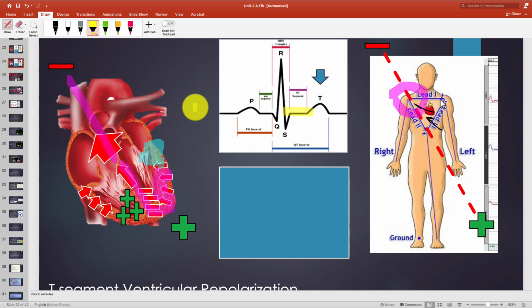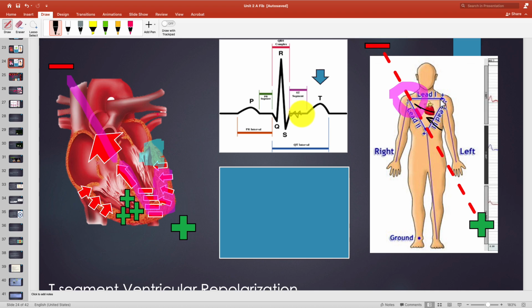It's not uniform. So I told you when we're at this ST segment, it's basically showing us that nothing should be happening because we're about to repolarize. What we would see in somebody with AFib might be something like this.